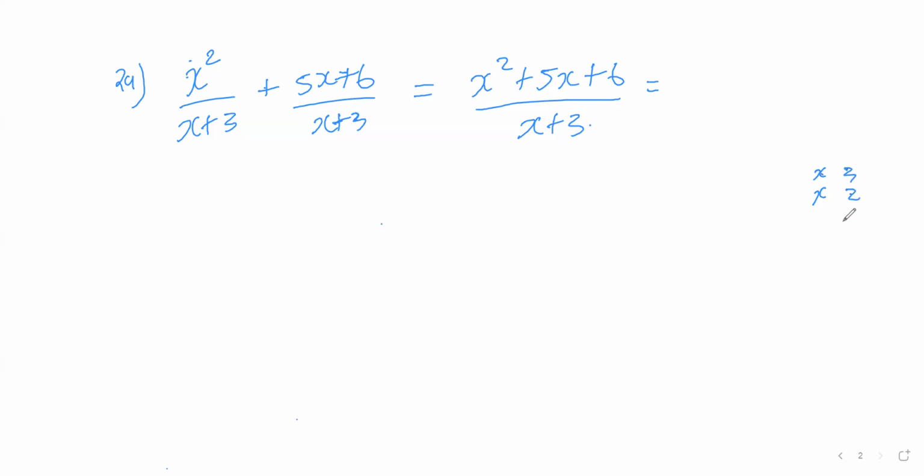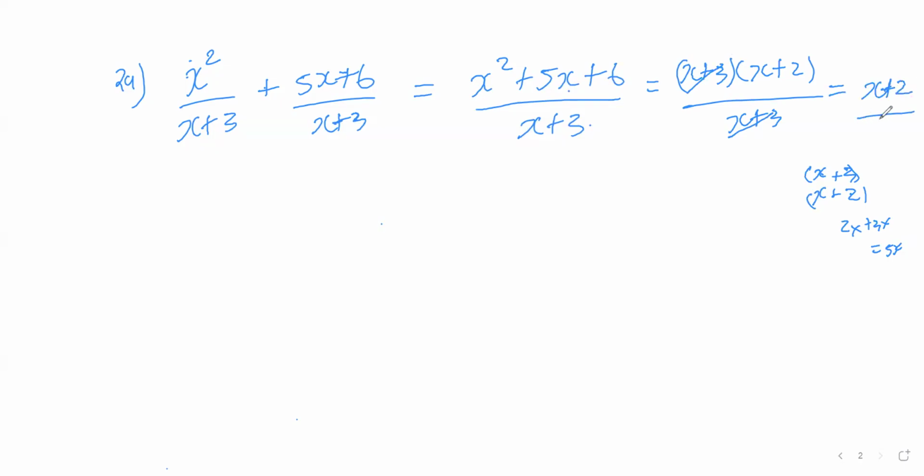So this times this is 2x plus 3x gives me a 5x, which is my middle term. So that tells me these are my factors. So it's x plus 3 times x plus 2 divided by x plus 3. Common factors cancel out. We are left with x plus 2 as our simplified form for that fraction.